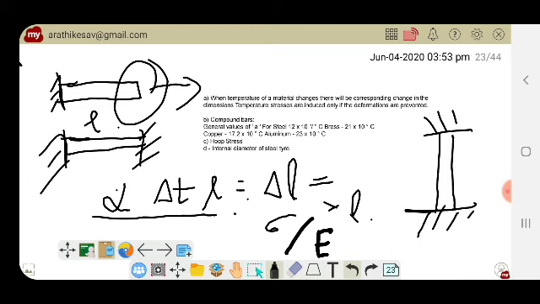So the net elongation produced will be 0 if both ends are fixed. So we say that these both are equal, that is sigma by E is equal to alpha delta T, in case both ends are fixed and no elongations are expected to occur.